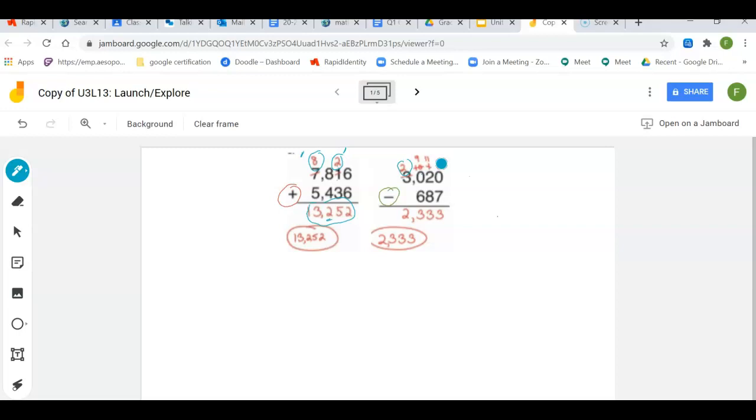And now you're able to take from this 10, which means that becomes 9, and you have 11 over here because you put that 1 beside the 1 that was there. So 11 minus 8 is 3, 9 minus 6 is 3, and 2 minus nothing is 2.